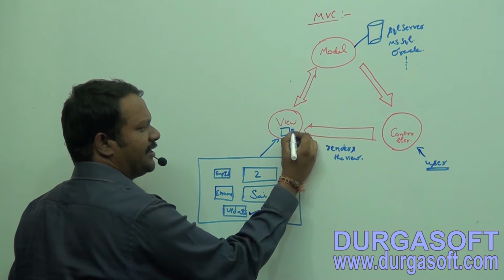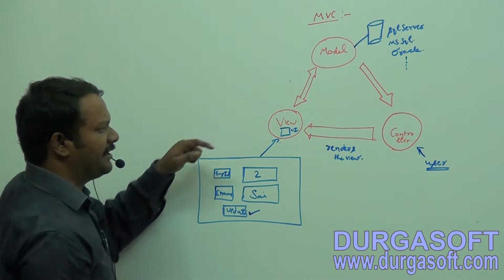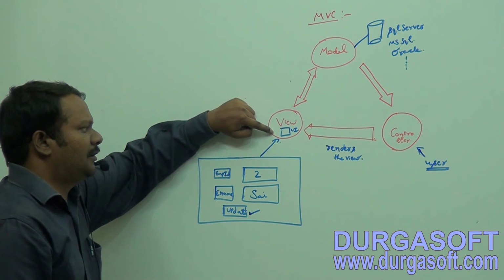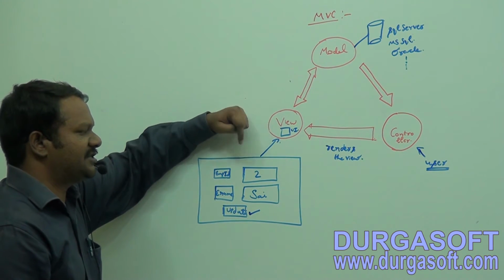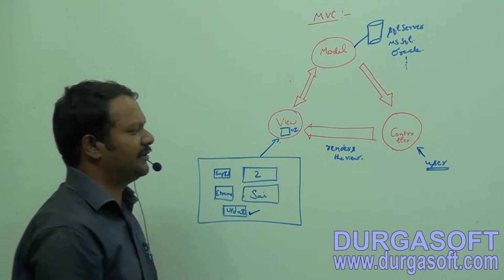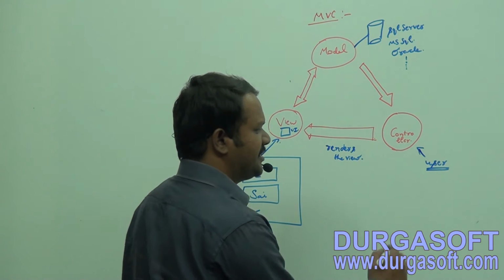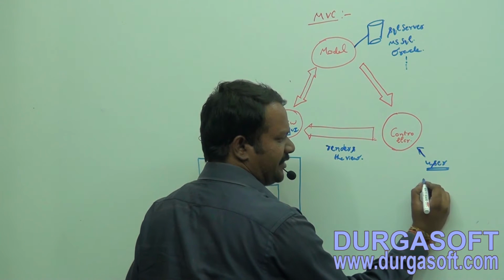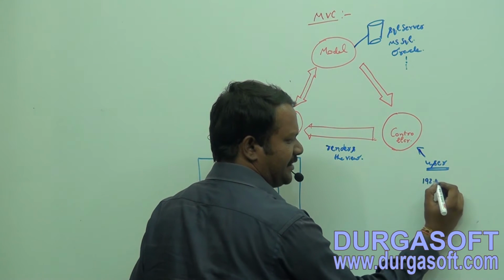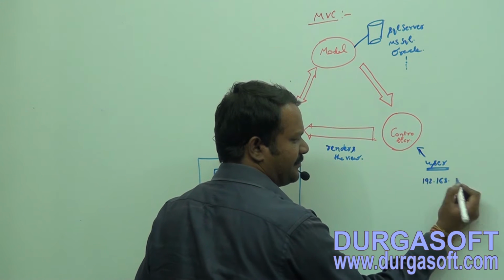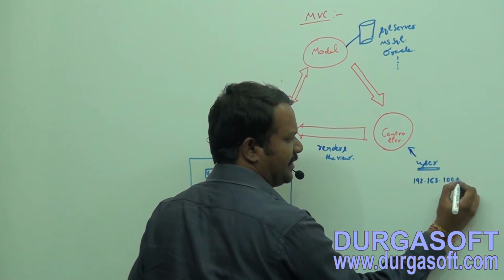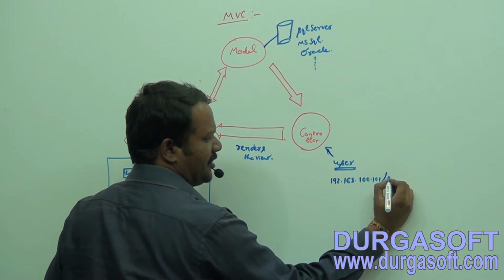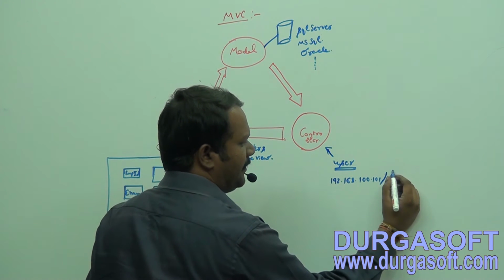Here our user interface, the front end application, whatever we design, is called a view. Here the data will be displayed. So this will be the flow. First, what does the user do? He will come and request his application with the help of a URL like this: 192.168, some IP address, assume 100.101, and then a backslash and the project name.